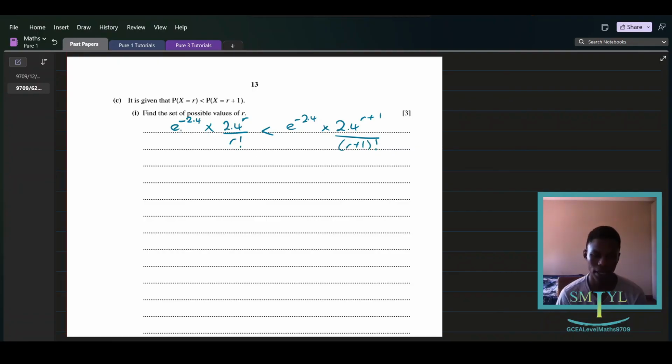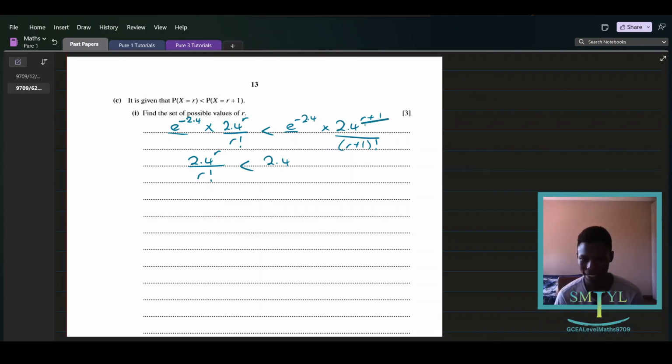And you notice that we can simply divide both sides by e to the negative 2.4 and they cancel out. So what you end up with is 2.4 to the power r over r factorial is less than 2.4 to the power r plus 1 over r plus 1 factorial.